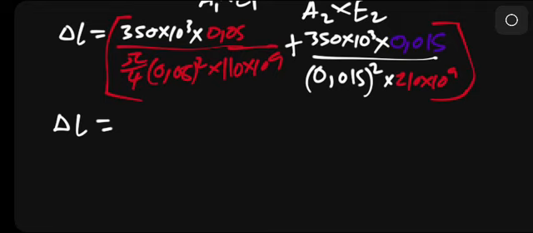Plus now 350 times 10 to the power of 3 times 0.015, divided by 0.015 squared times 210 times 10 to the power of positive 9. This is what you're supposed to have. Let me check.